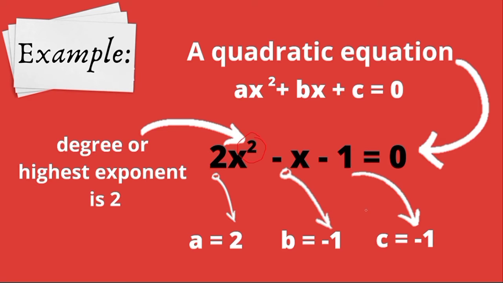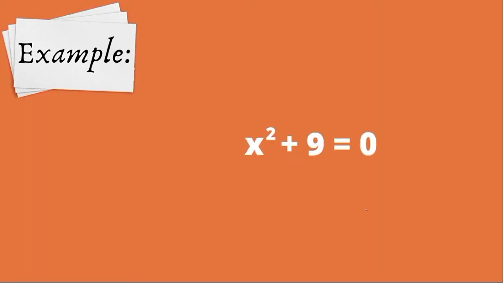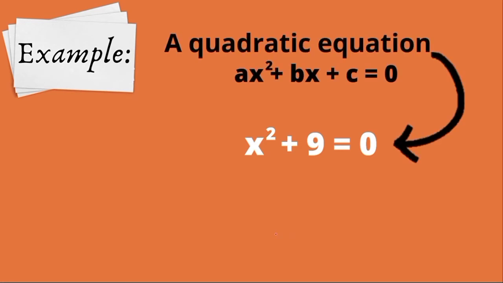Is that clear? Next, let's have x squared plus 9 equals 0. Is this a quadratic equation? Obviously, yes. Does it follow the standard form? Yes, but it is not a complete quadratic equation because, as you can notice, there are only 2 terms on the left side of the equation.